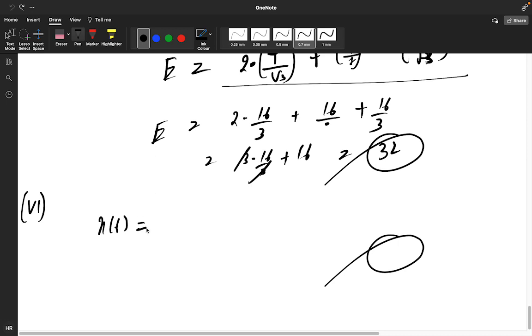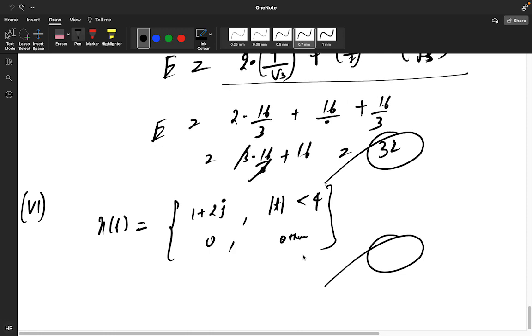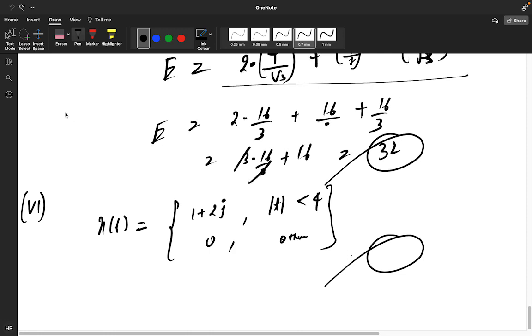x of t is 1 plus 2j, and mod t is given as less than 4, and 0 otherwise. So what is the meaning of mod t?